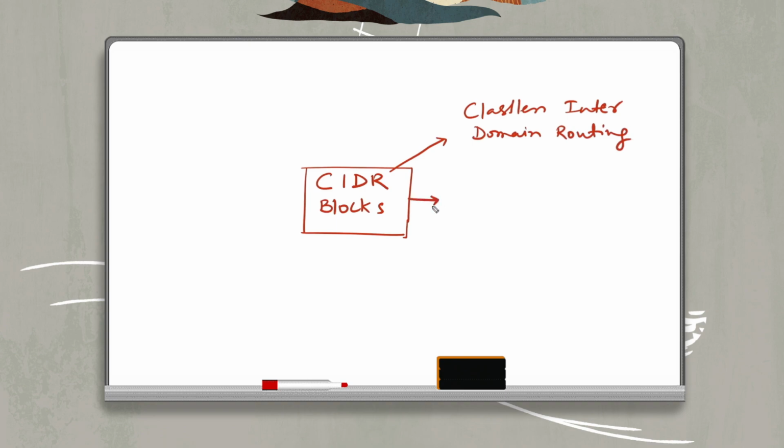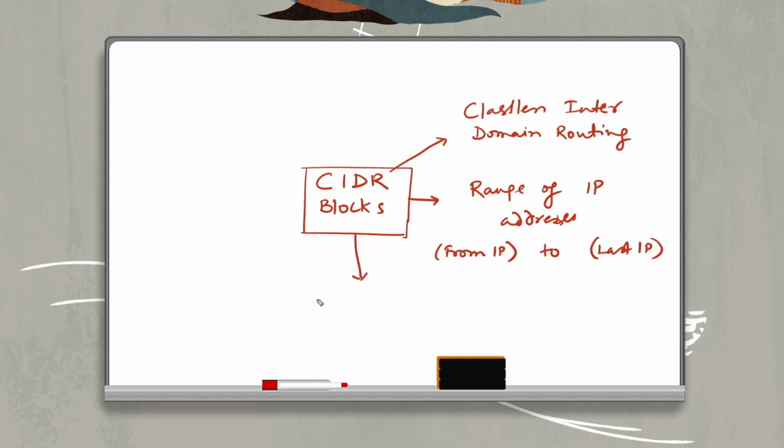Now in layman terms, this denotes a range of IP addresses. Now, what is the meaning of range? Range means from a particular IP to a particular IP, right? So we can call it basically from first IP to last IP.